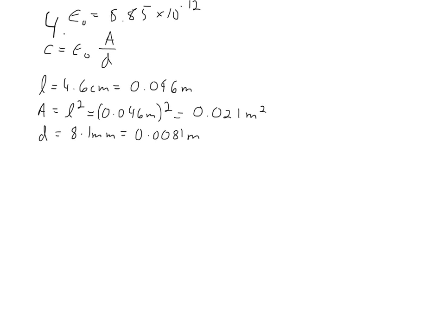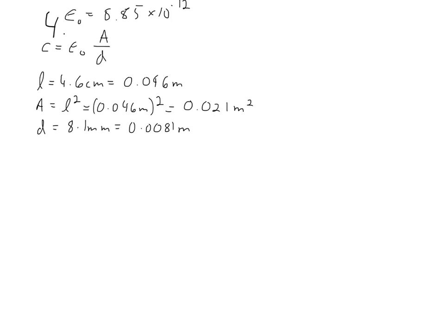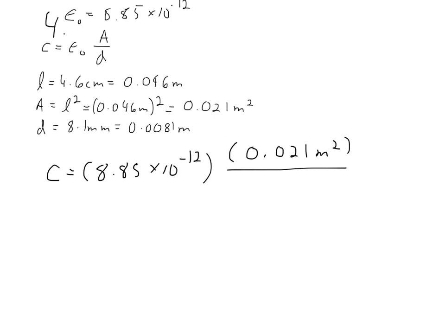So I'm going to substitute into our equation here. So we've got C equals 8.85 times 10 to the negative 12th times our area, 0.0021 meters squared, divided by the distance between them, which is 0.0081 meters. I made a mistake up here, guys.